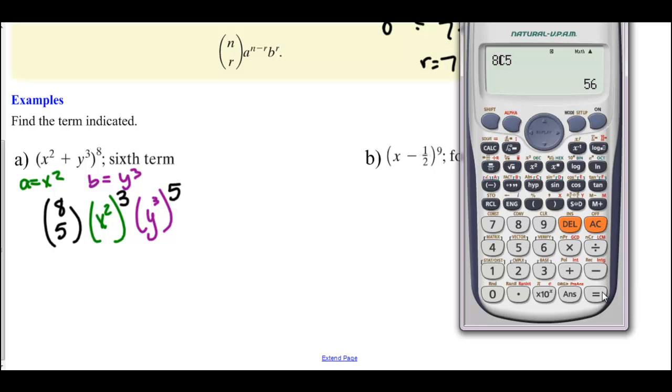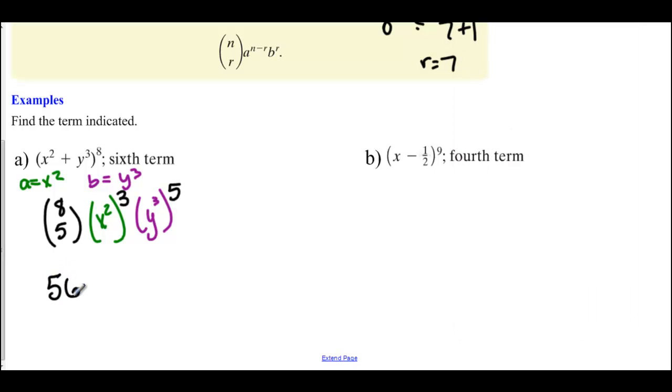So 56. So we got 56 here. This x squared cubed is going to be what? Yeah, x to the 6th. And y cubed to the 5th is going to be y what? To the 15. Right.